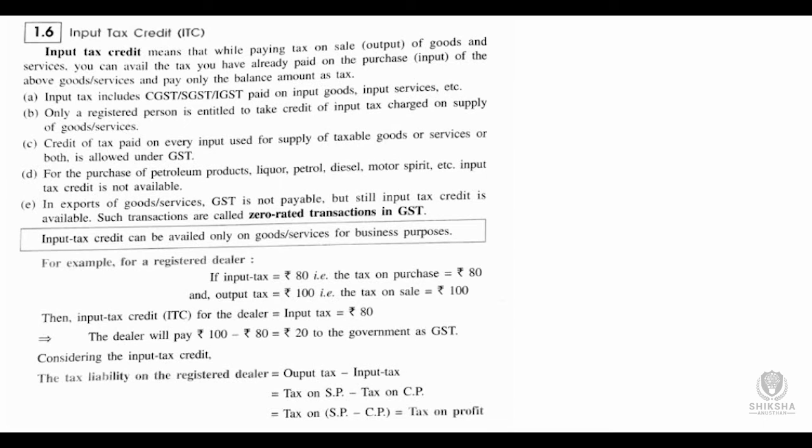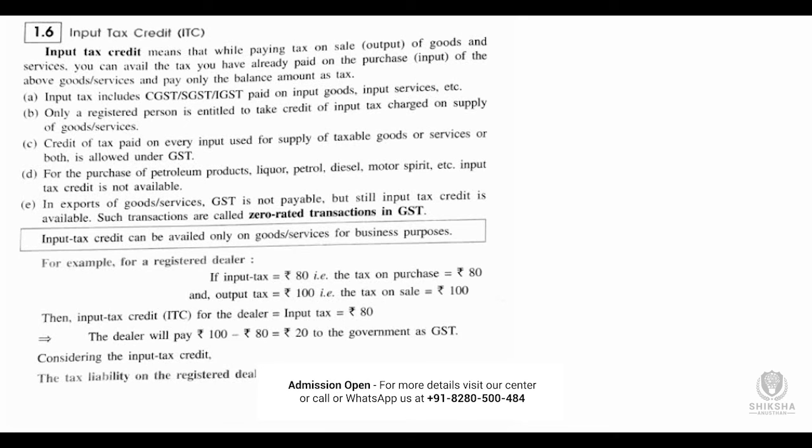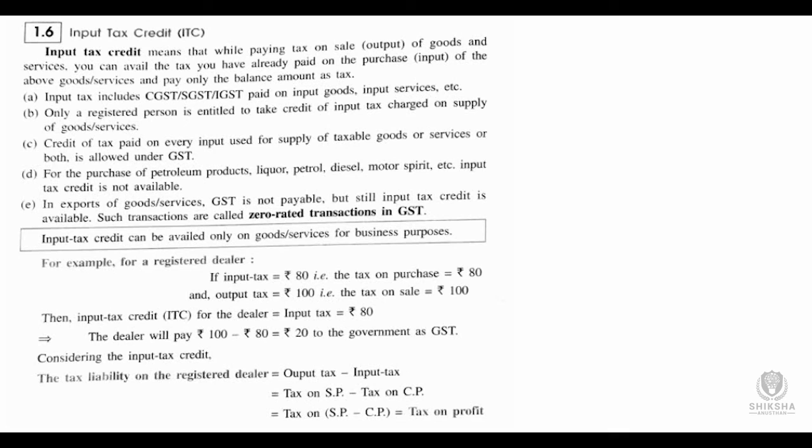Now, I have already covered this, but still let us understand the input tax credit. Input tax credit means that while paying tax on the sale of goods and services, you avail the tax that you have already paid on the purchases. In the previous case, we understood that the trader paid 600 rupees as tax, and he collected 720 rupees.